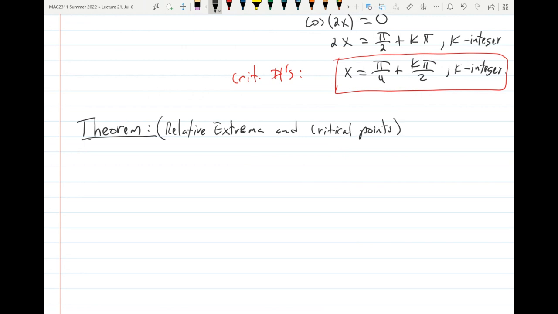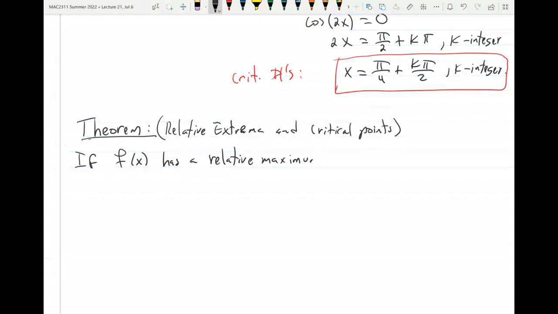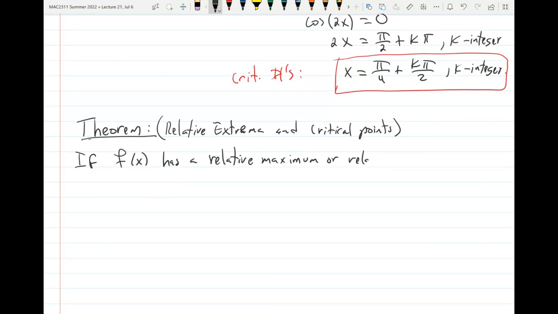That's what this theorem is about. So suppose, or if, f of x has a relative extrema, that means has a relative maximum or relative minimum. So the word extrema is plural for any of these two situations.